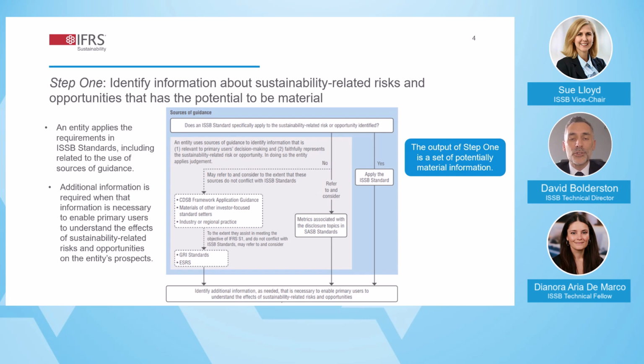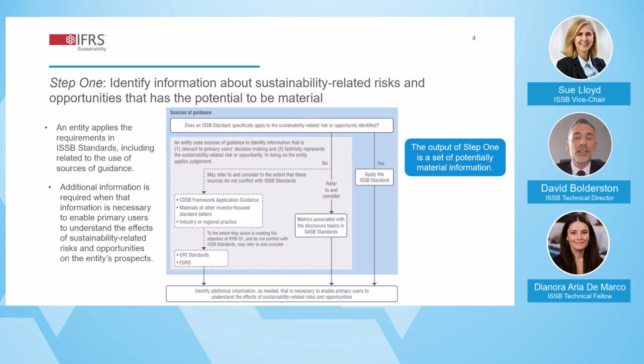Specifically, an entity is able to use IFRS and GRI standards to identify potential disclosures about the sustainability risks and opportunities it has identified if these sources enable the entity to meet the objective of IFRS S1 to disclose information about sustainability-related risks and opportunities that is useful to primary users and do not conflict with the ISSB standards.